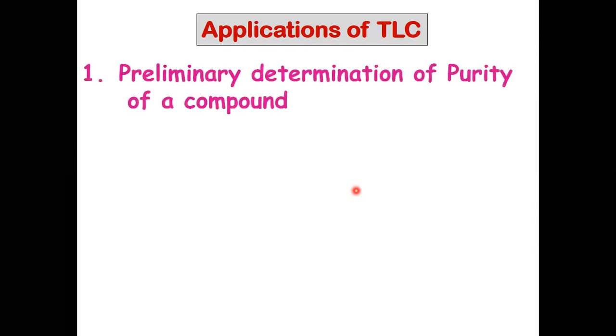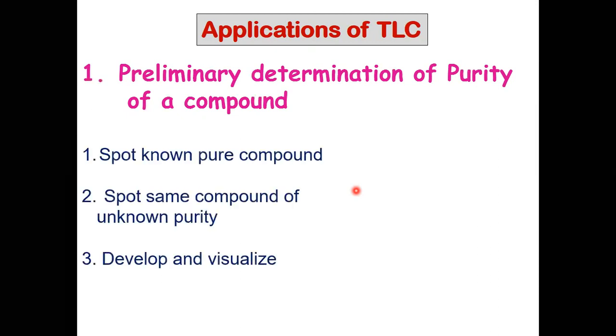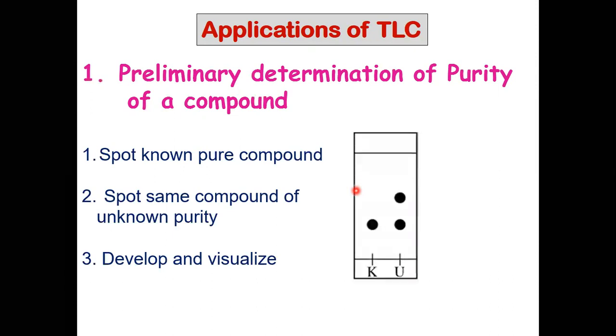First application: preliminary determination of purity of a compound. To do this, always compare the pure compound with a sample compound having impurity. For this, we take a TLC plate and put two spots, A for the known or pure sample and U for the sample with unknown impurity.